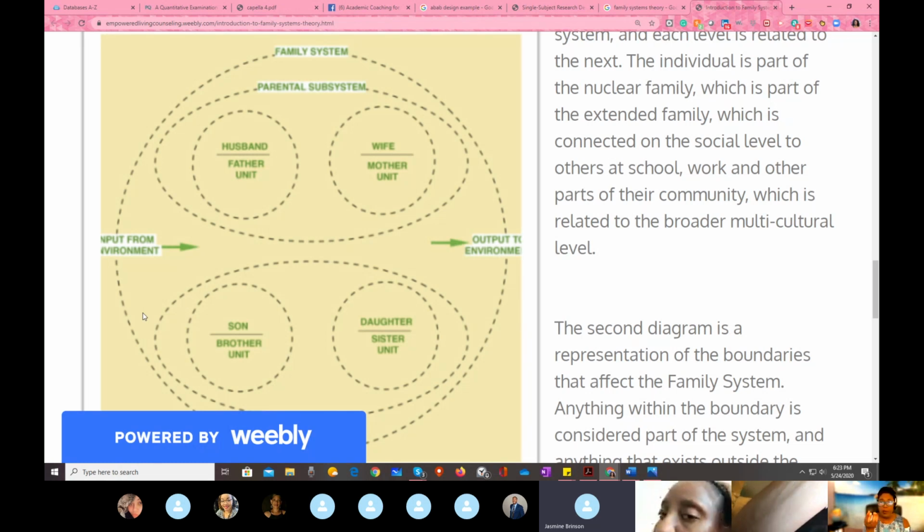Well, throughput is what it needs to put out something healthy. If the entropy happens just a little bit, I still have a little throughput left. They might have a little bit of savings left, and mom's maybe still working really hard to put out output. The throughput is what happens inside the system to create the output. So when it's a healthy system, mom and dad have dinner together.